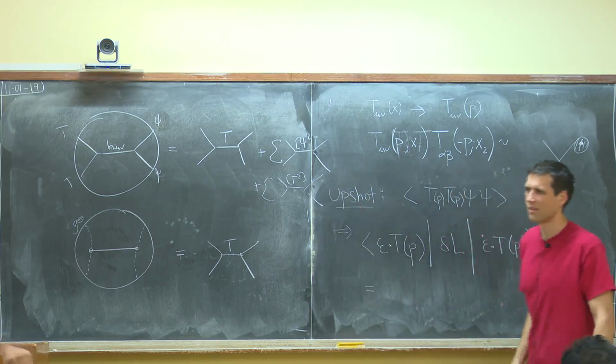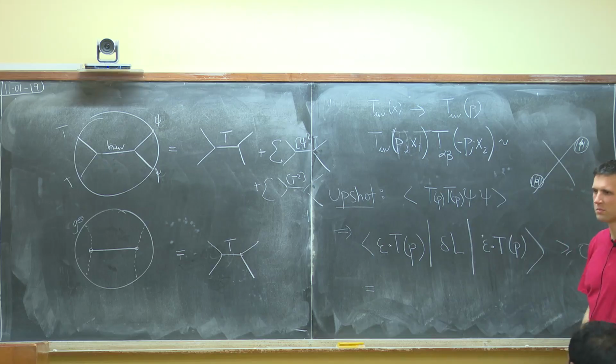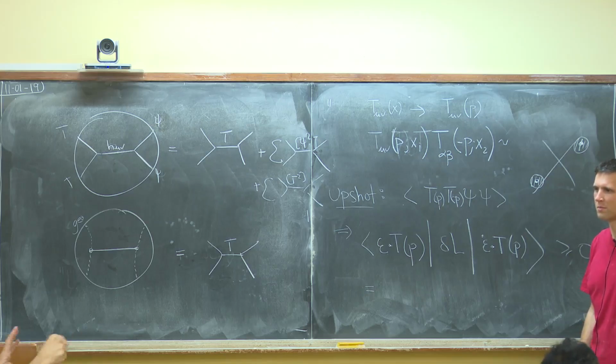I'm going to try another set of words, and you tell me if this sounds reasonable. One way of thinking of roughly a double trace interaction is that double trace contributions can be modified by modifying a direct 4-point contact interaction in the bulk.